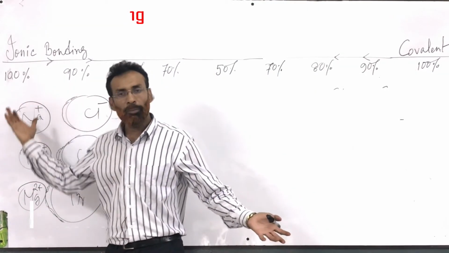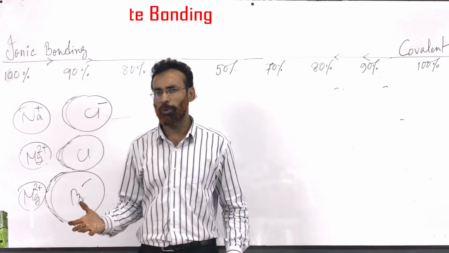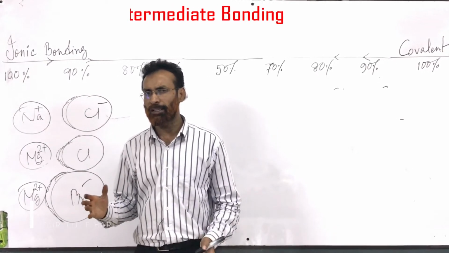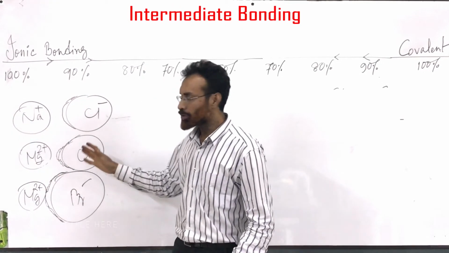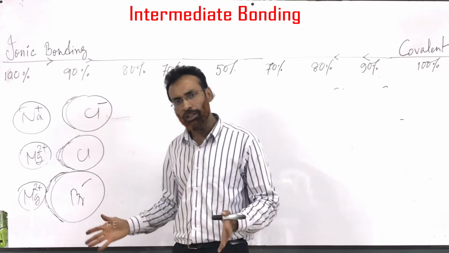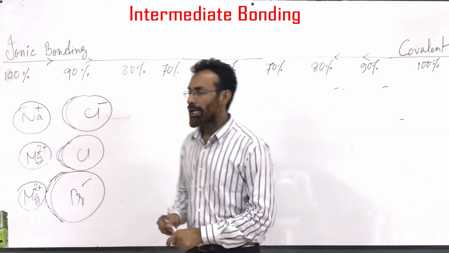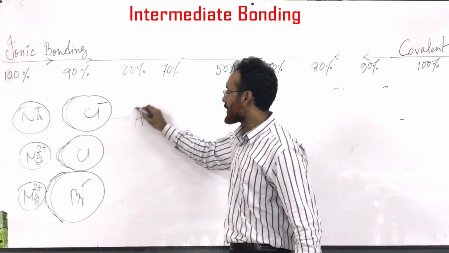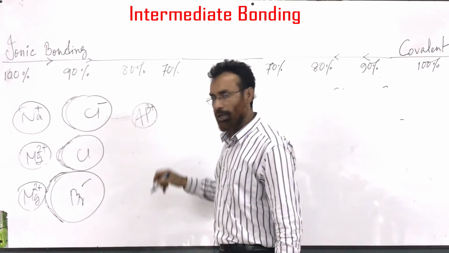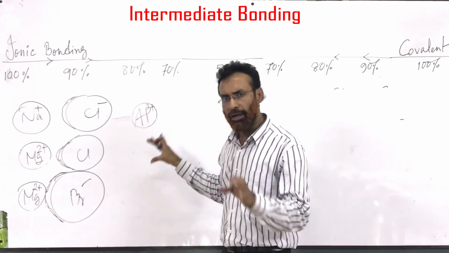None of the ionic compounds we get have 100% ionic properties. At least they have slight covalency, because this distortion always occurs in any sort of ionic compound, but this is different in different ionic compounds. Consider aluminum chloride. Aluminum is 3+, charge density is very high here.